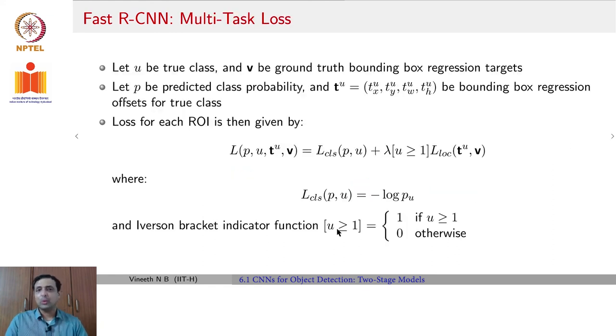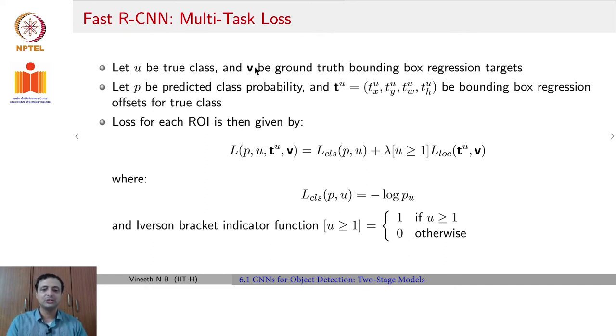And once ROI pooling is done, you then send it through further layers, fully connected layers, at the end of which you have 2 heads with 2 different loss functions. So you have a multitask loss, one task for classification and one task for regression.